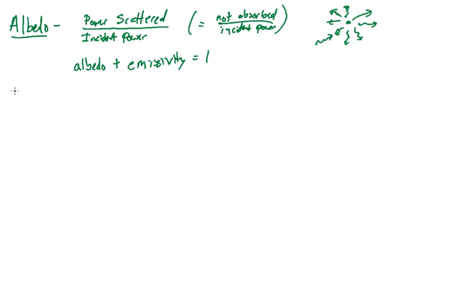Next thing is the solar constant. I want to put the word constant in parentheses because it isn't constant, it's just close to being constant.